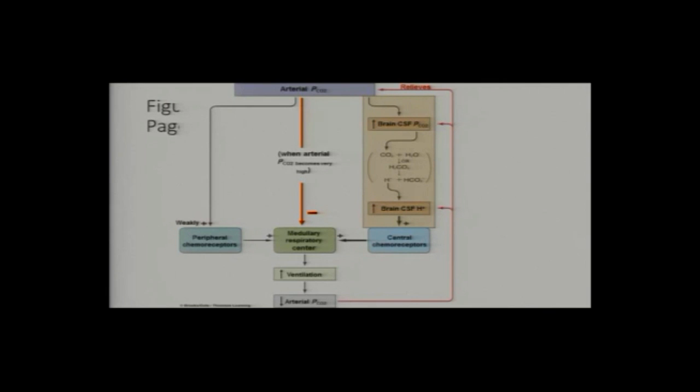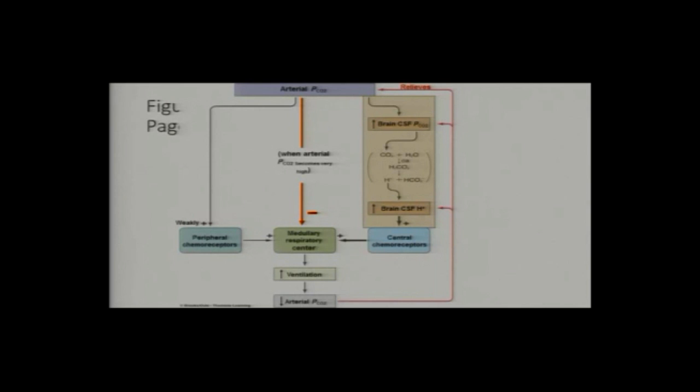It doesn't directly look at the blood ever. The reason why it can see what's happening in the blood in terms of PCO2 is because CO2 can cross the blood-brain barrier. So a change in the PCO2 of blood is going to cause a change in the PCO2 of CSF.